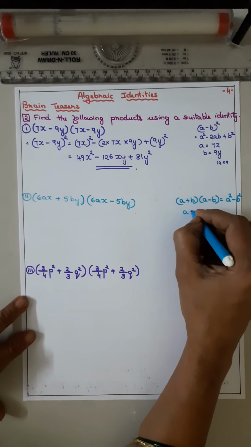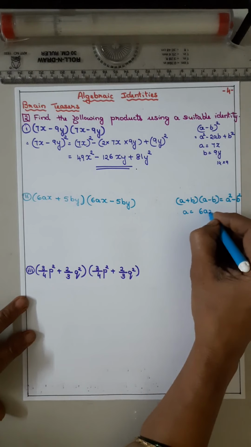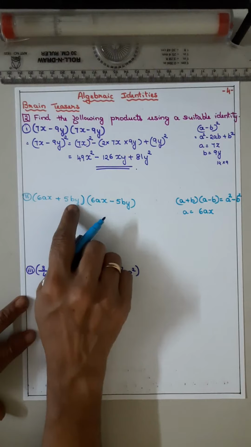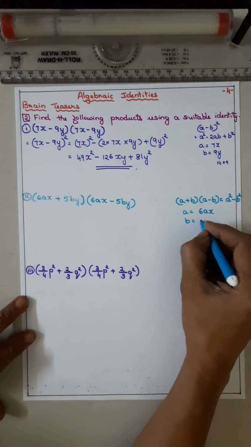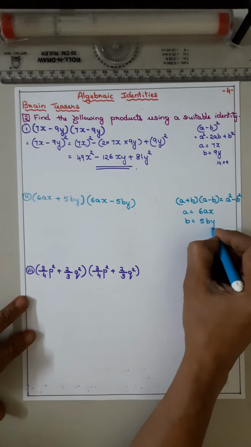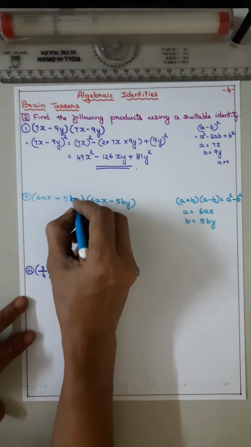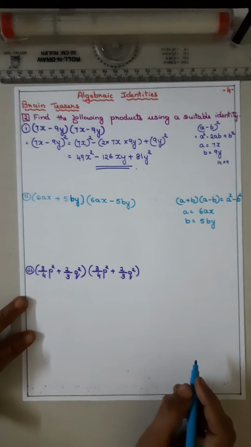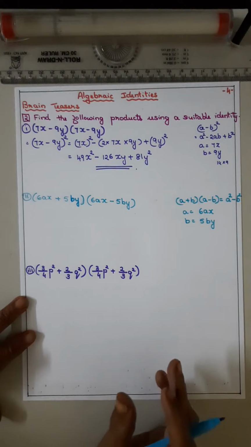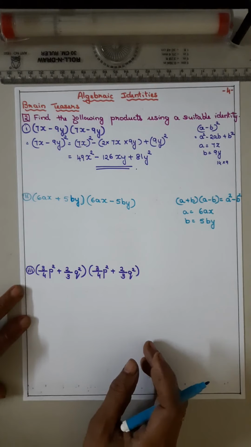Now here a is what? 6ax, isn't it? B is 5by. Understood everyone? So you have to identify which type of identity it is. That is the main thing.